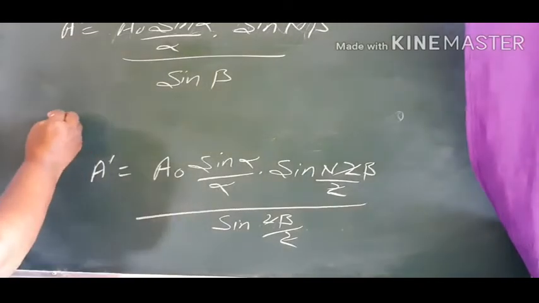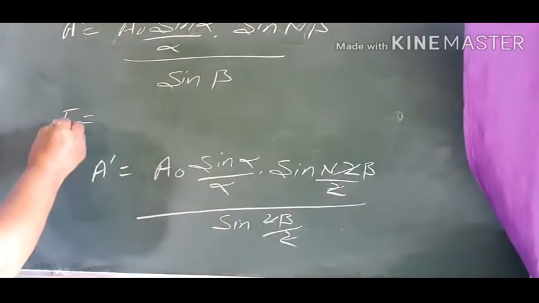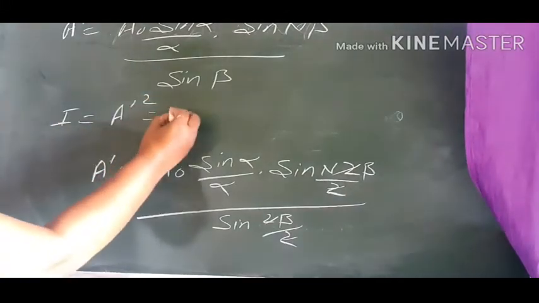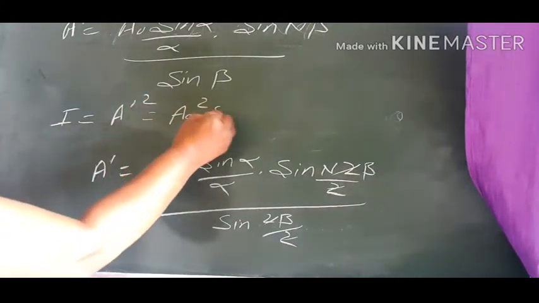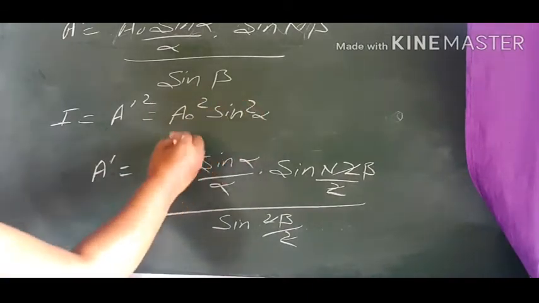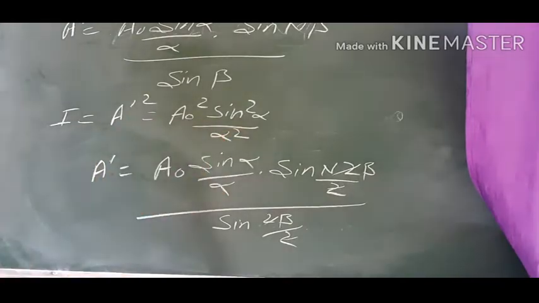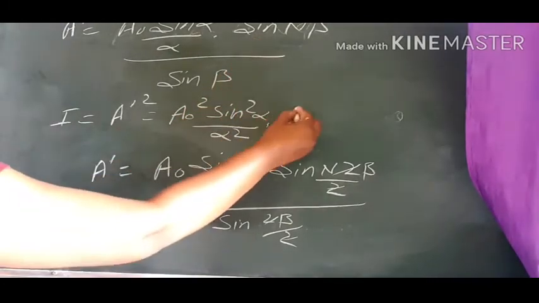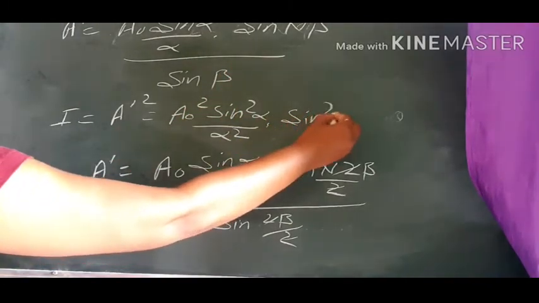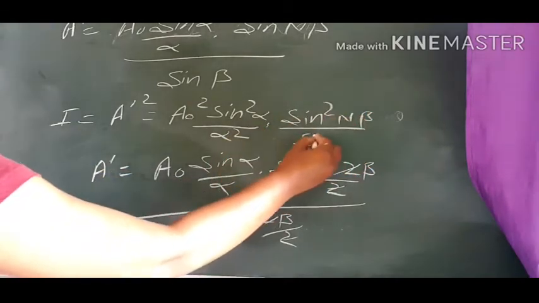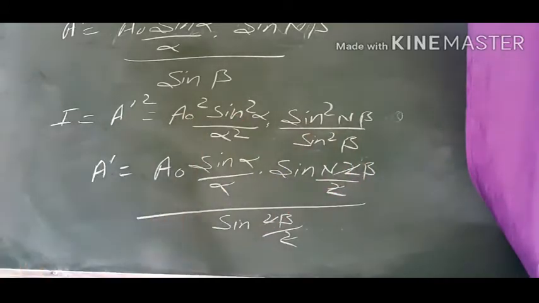This is the amplitude, and what is intensity? A dash square. So we can write A naught square sin square alpha by alpha square into sin square n beta divided by sin square beta.